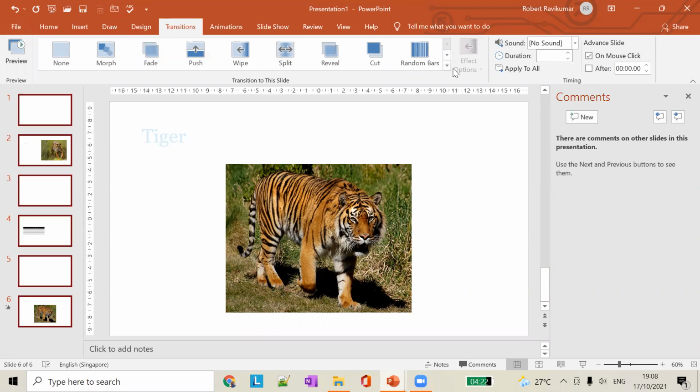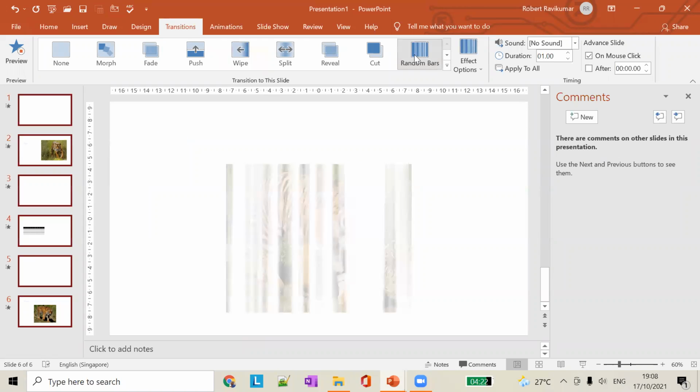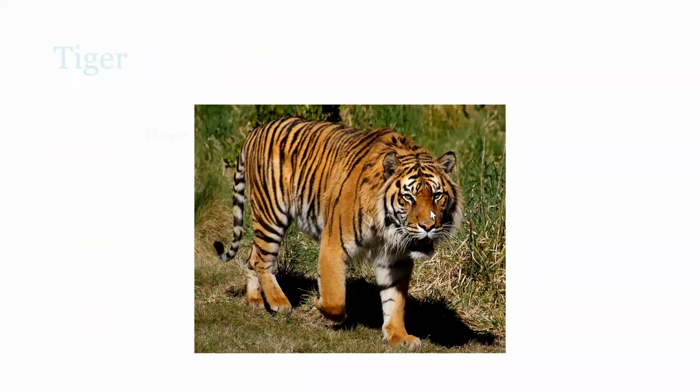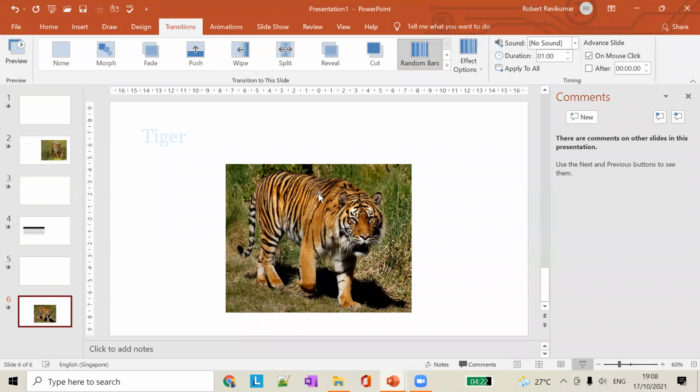If I choose something else, like random bars, and run the slideshow, you can see how the slide appears. So this is called a transition. The way the slide appears in a presentation is called a transition.